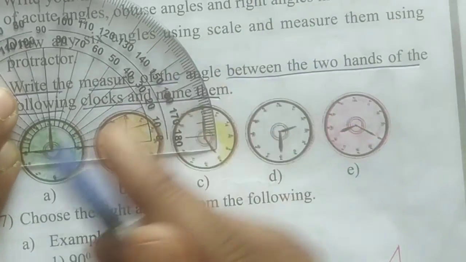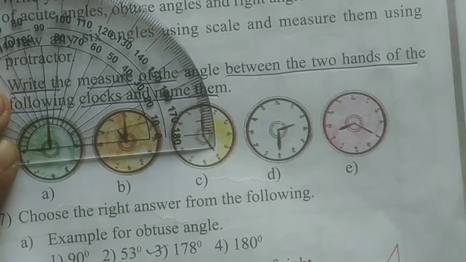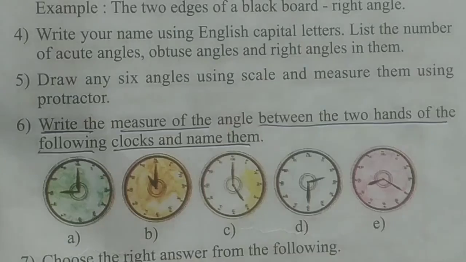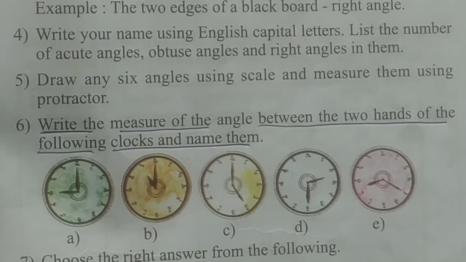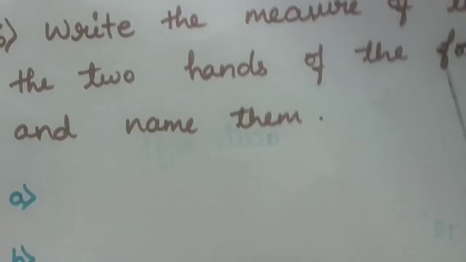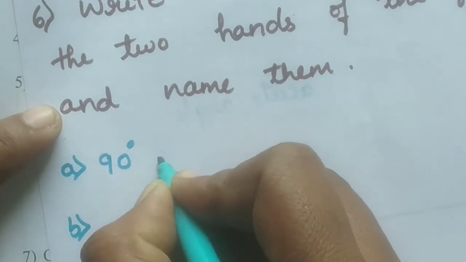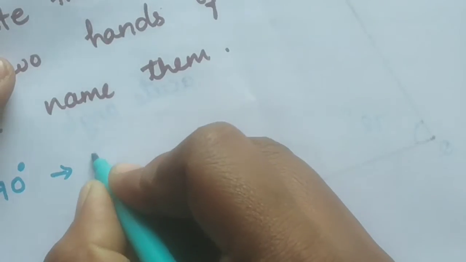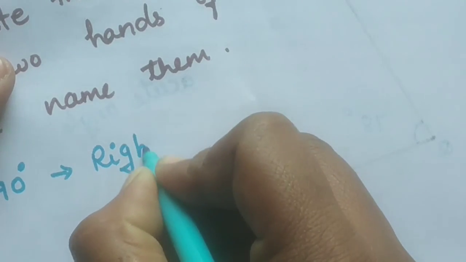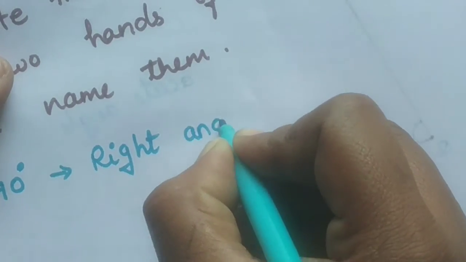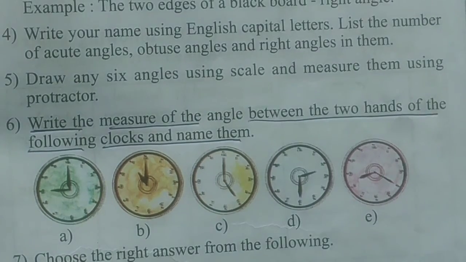So this is exactly 90 degree. So for the A clock there is exactly 90 degree. So the angle is a right angle. The second clock we have to measure now.